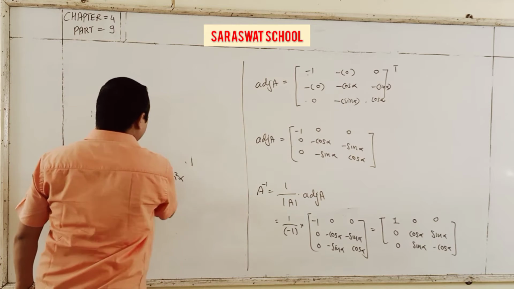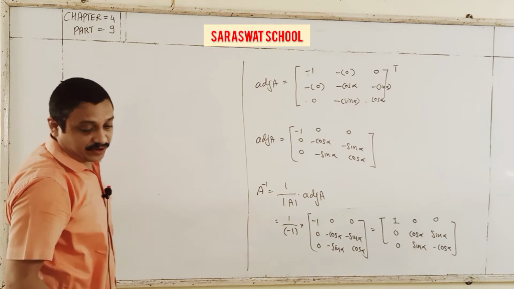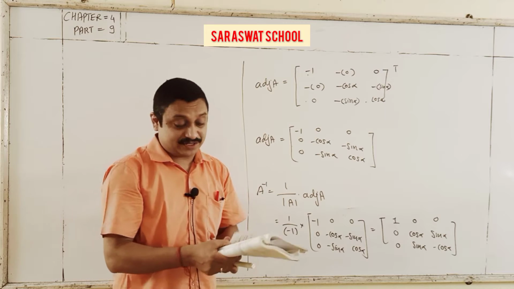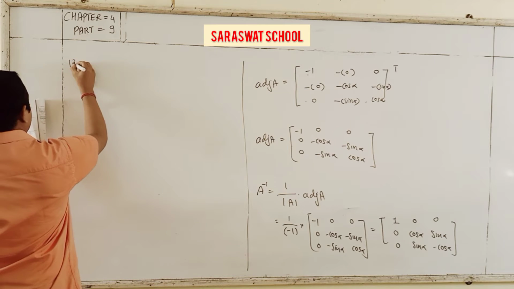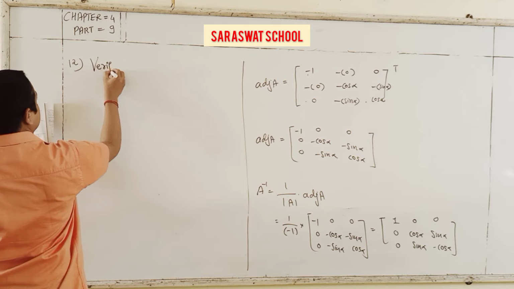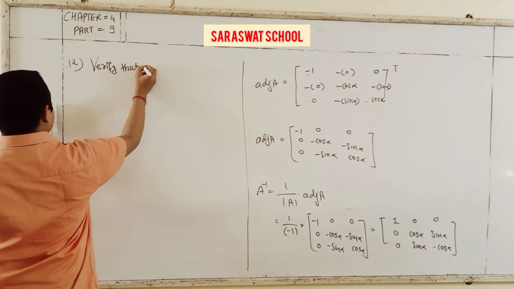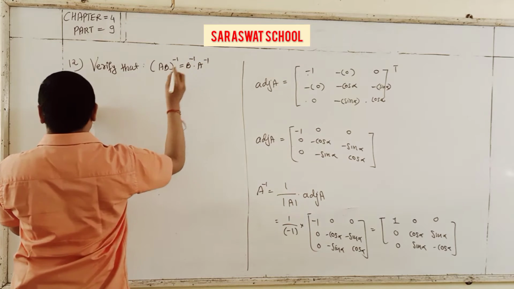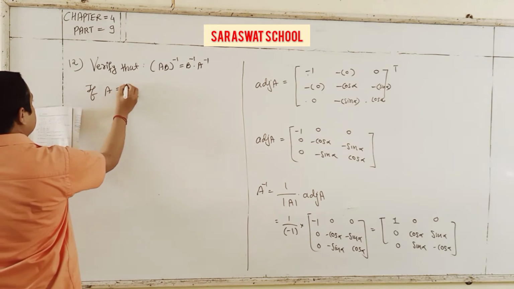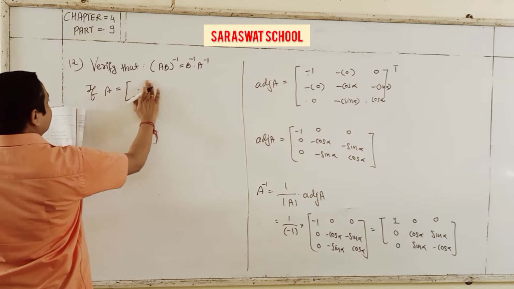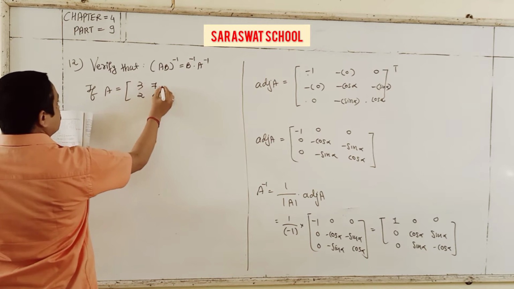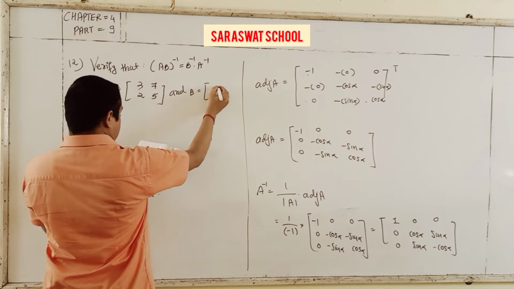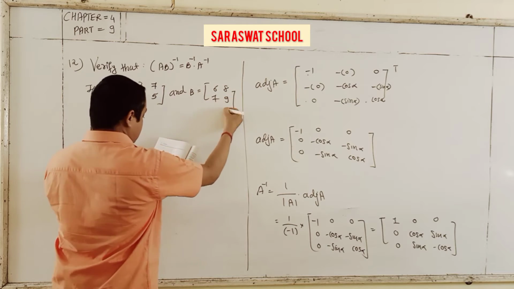Exercise same. Verify, by the property, that AB inverse is equal to B inverse into A inverse, if A is given as 3, 2; 7, 5 and B is given as 6, 8; 7, 9.